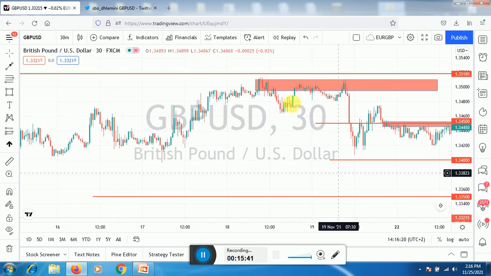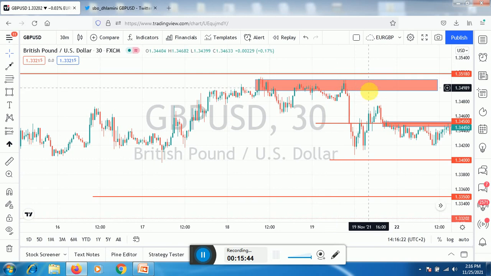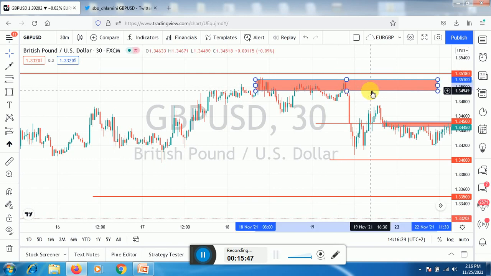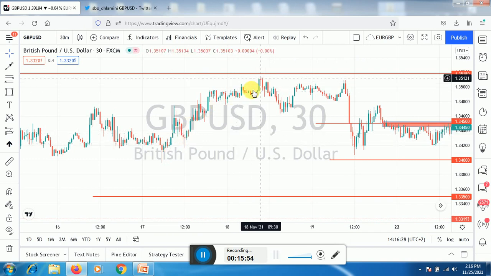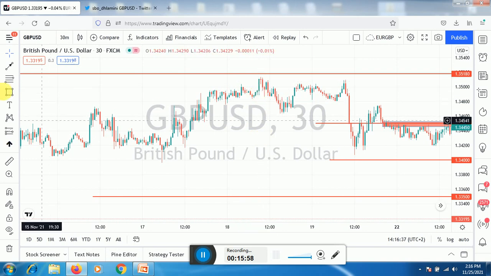So here is our zone right here. The market is moving higher. So this candlestick right here, let me just try to draw this thing. Where is my drawing tool here?